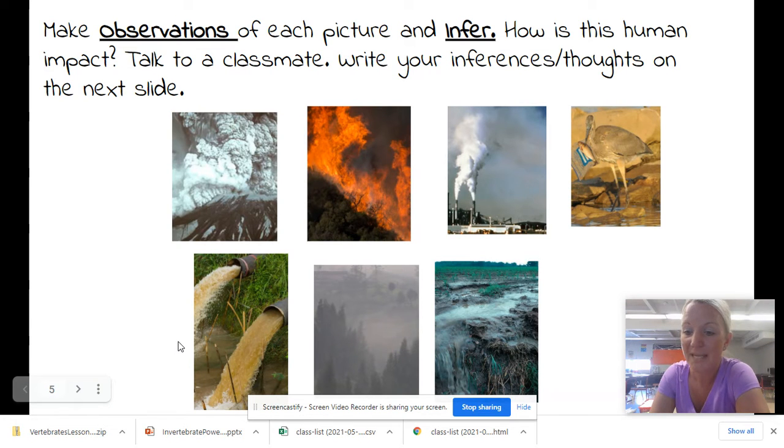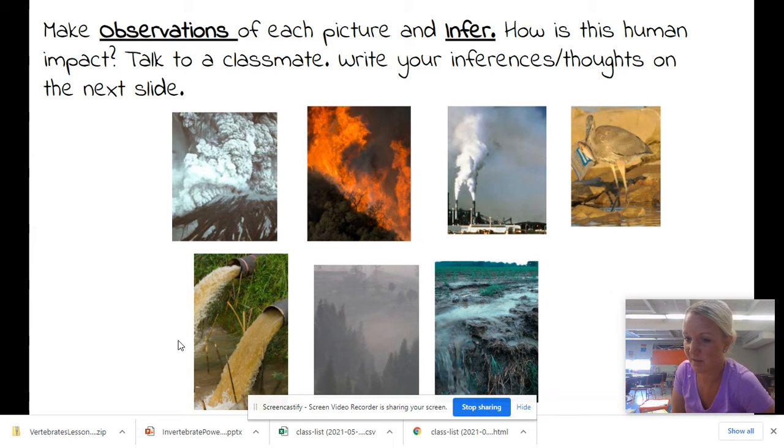So you will be asked right now to make observations and infer, meaning you're taking that observation and drawing a conclusion on a cause and effect relationship. You're going to be asked, what's going on in these pictures? What did humans do that negatively impacted the ecosystem, and what is the result of that negative impact?